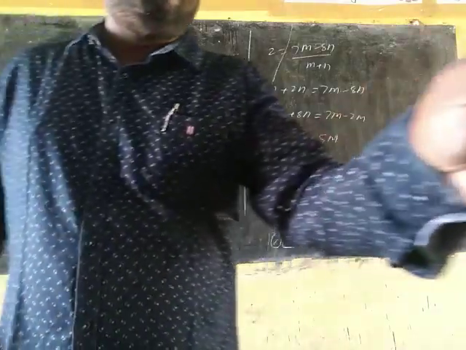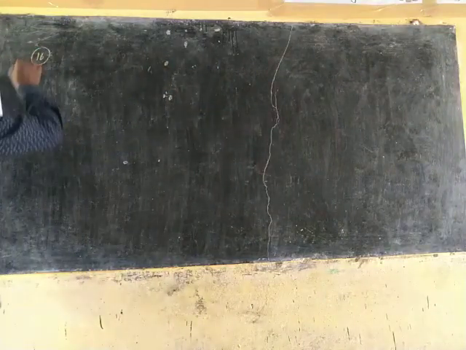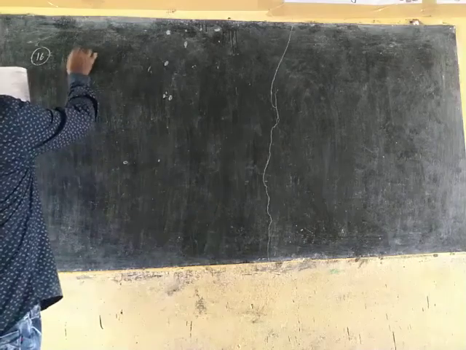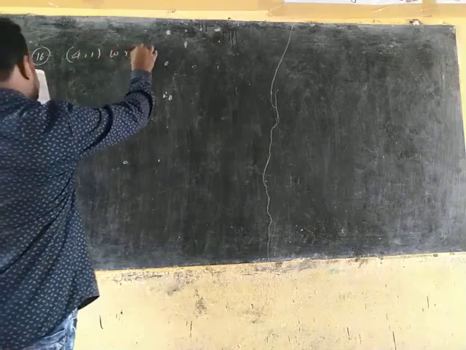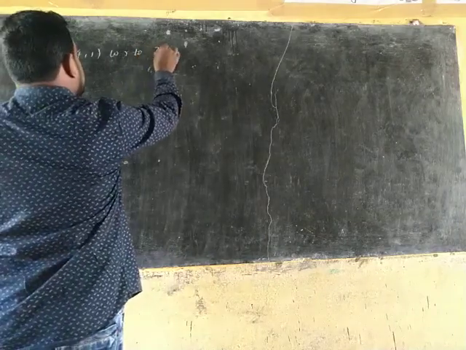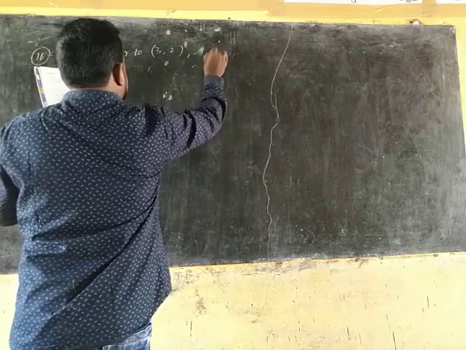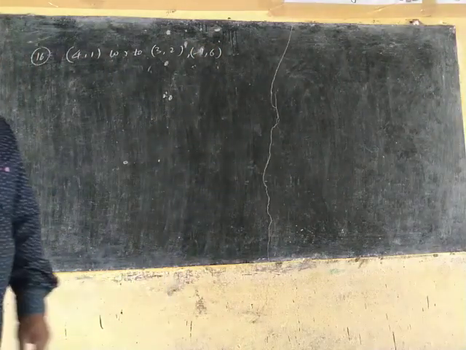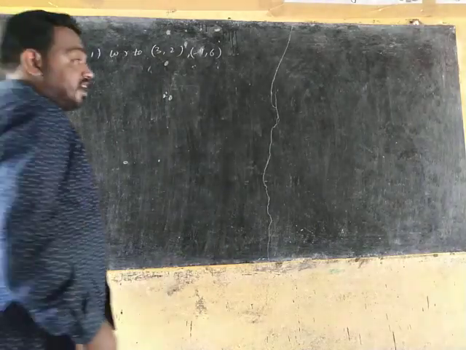Next to 16th question. The harmonic conjugate of (4, 1) with respect to the points (3, 2) and (-1, 6). Harmonic conjugate points, this concept you see.